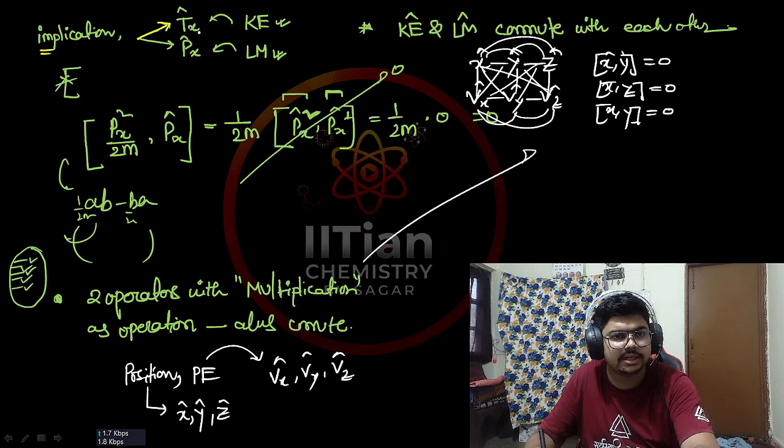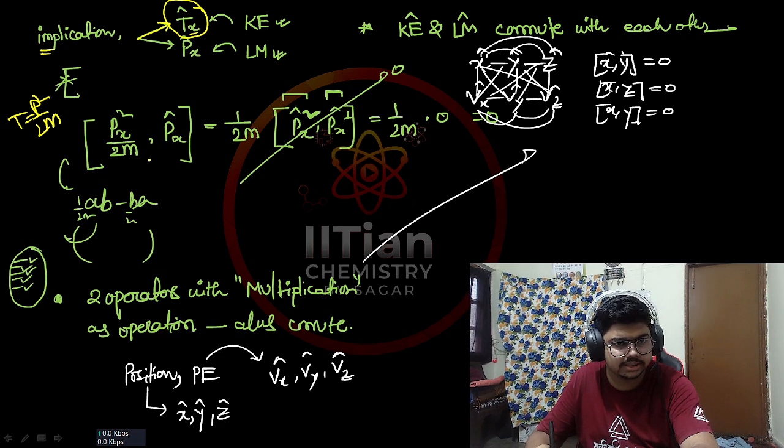Tx indicates the kinetic energy component along the x direction, and Px means the linear momentum component along the x direction. So do they commute with each other or not? Let's check. We know kinetic energy T means P square by 2m. That means Tx means Px square by 2m, comma Px.